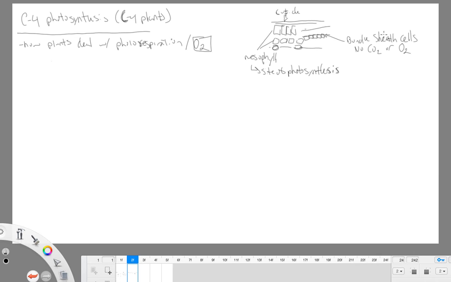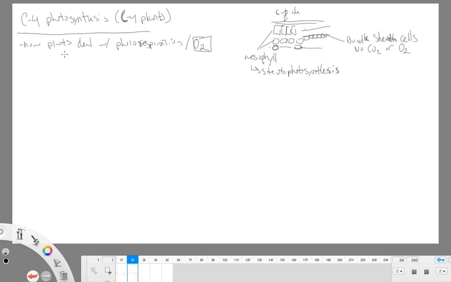And that is going to play a role in our C-4 photosynthesis, as we're going to see. All right, so we got a little anatomy background here, and then let's take a look at how this all works. So again, the light reaction is all the same, and we're going to focus on our light independent reaction here, or our Calvin cycle.